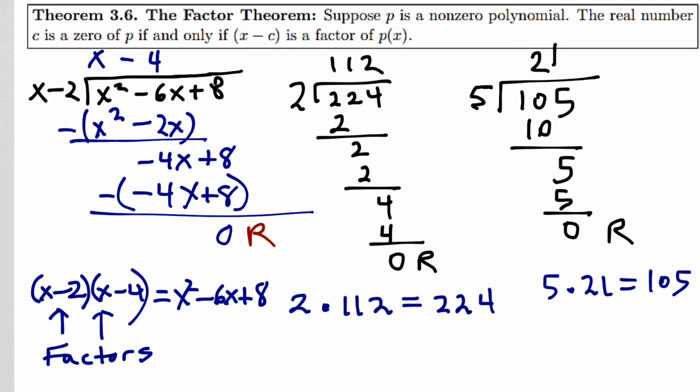If I want to find a 0 of x squared minus 6x plus 8, and I know that these are my factors, then I know that the 0 for this factor is 2, and the 0 for this factor is 4. Okay, so that just lays it all out in terms of the vocabulary we're using in the polynomial division chapter.